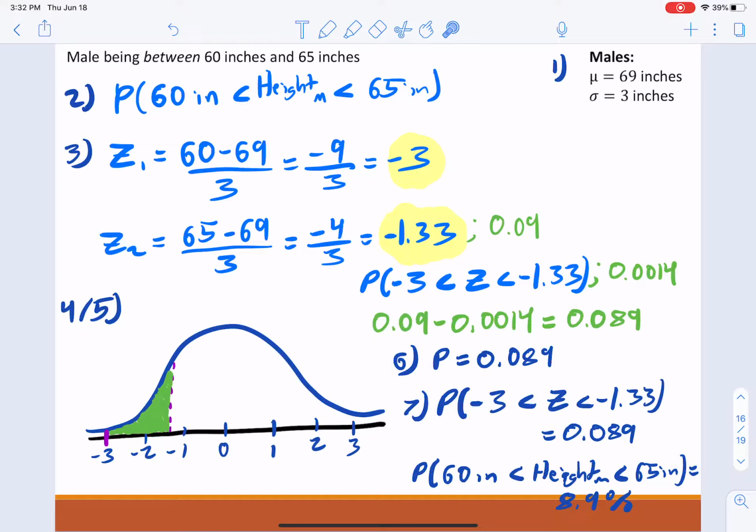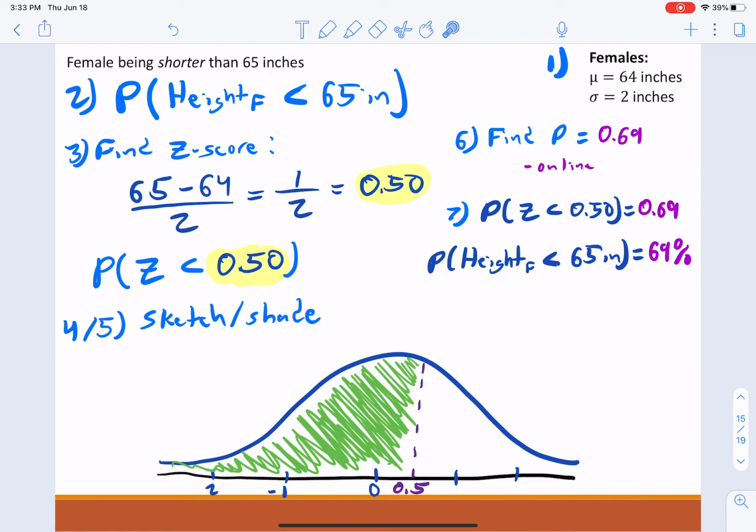So as sort of like an interpretive sentence, the way you can think about probability too, if there's an 8.9% chance of this thing happening, instead you can look at it like this. For this example, let's say that we had 100 females, there would be 69 of them less than 65 inches, right?